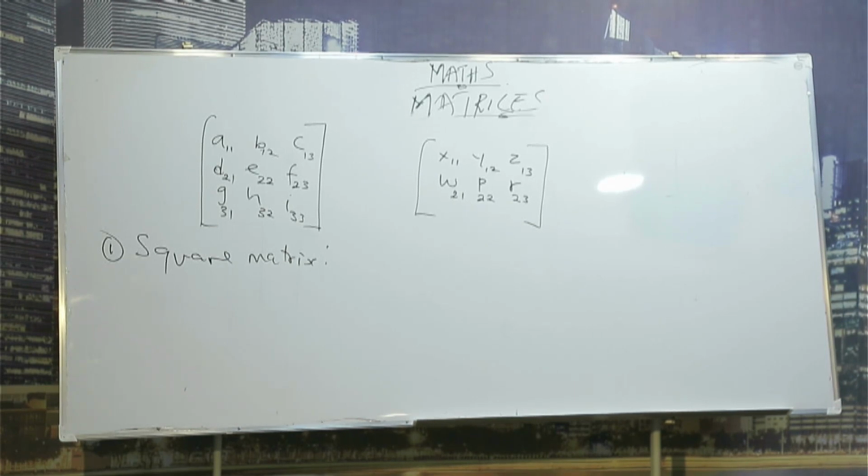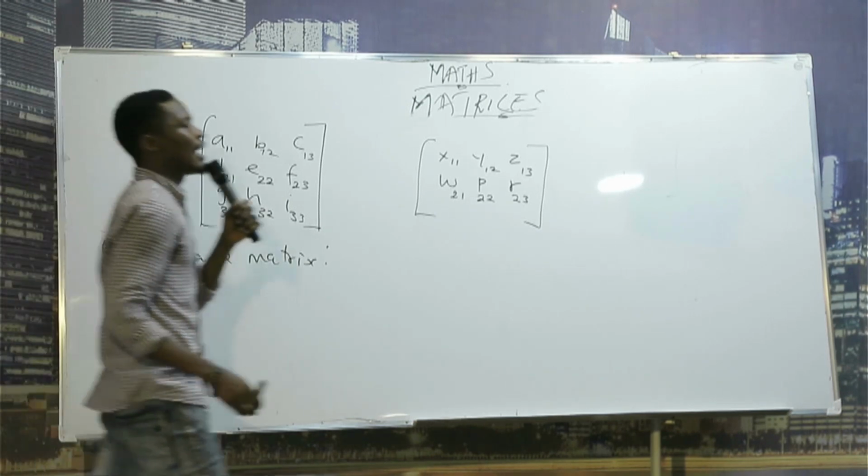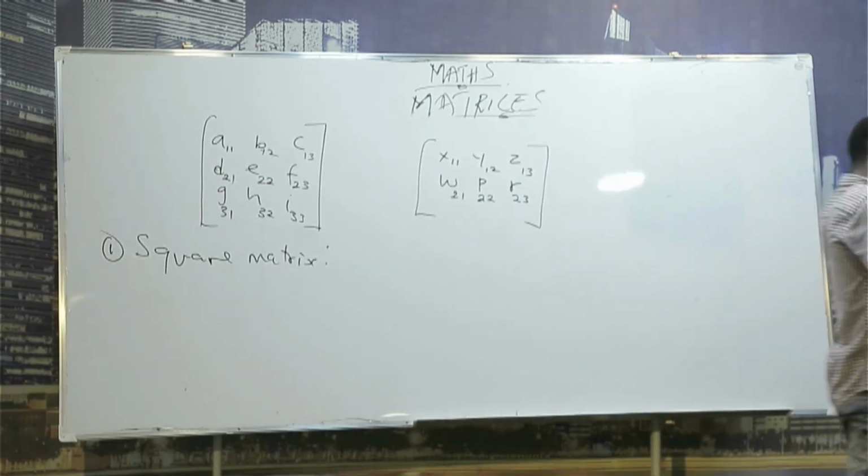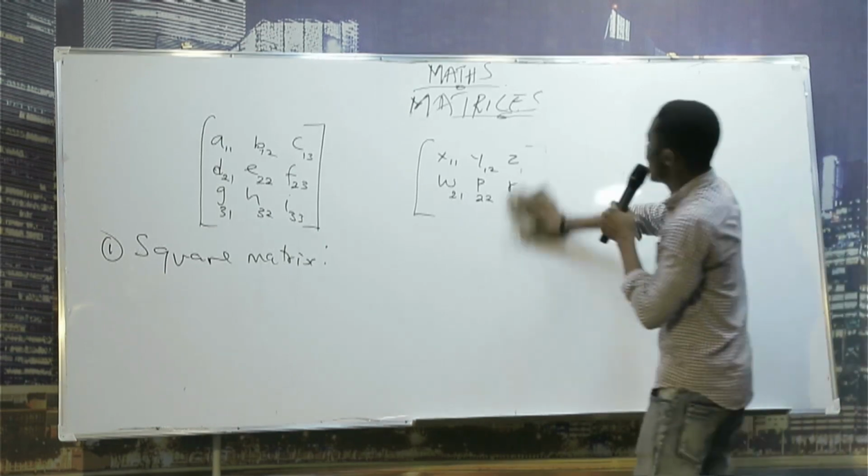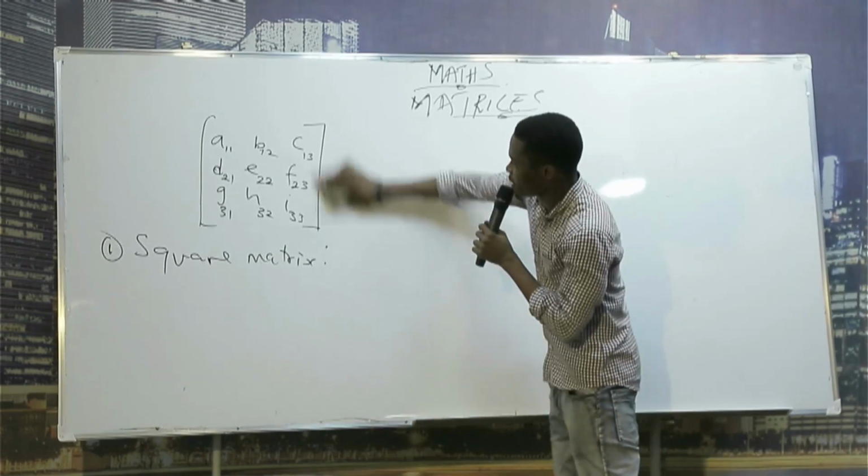It is a matrix that has equal number of rows and columns. Are we there?